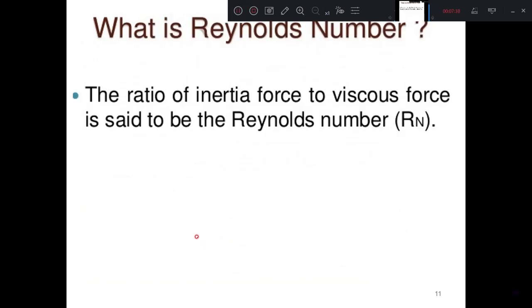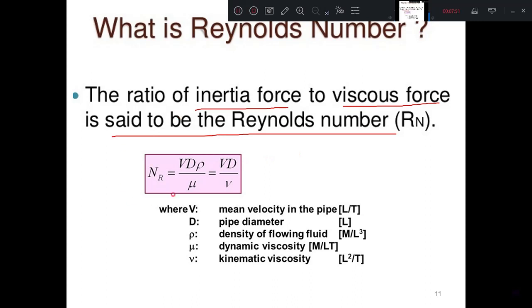Then what is the Reynolds number? The Reynolds number is the ratio of inertia force to viscous force. It is represented by NR or Re. It is the ratio of inertial force, Fi, divided by viscous force, Fv.